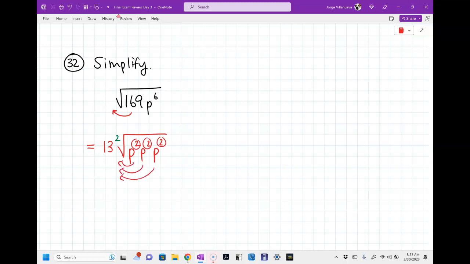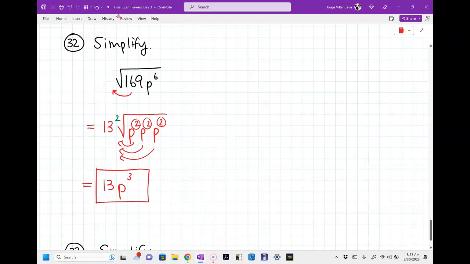That's 3 p's are going to come out. P times p times p. So that's going to be 13 p cubed. And that's your answer. The square root's going to disappear because there's going to be nothing left inside besides a 1, but the square root of 1 is 1, so it just goes away. So you just got 13 p cubed.